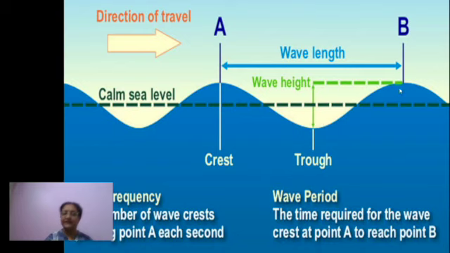And again the next crest, then again the trough. The distance between two crests is called the wavelength.